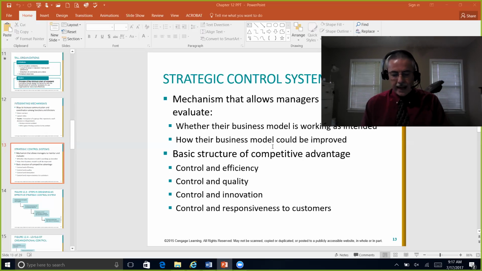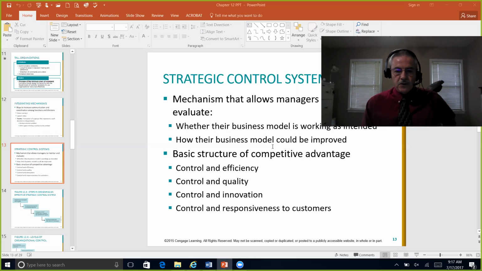It's also about how strategic managers can obtain superior efficiency, quality, innovation, and responsiveness to customers. Again, those four basic building blocks of competitive advantage. And let me state those one more time. For strategic control, managers, it's the superior efficiency, quality, innovation, and responsiveness to customers.